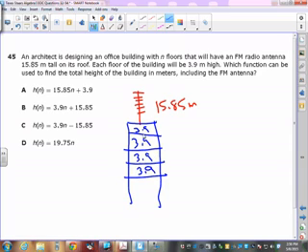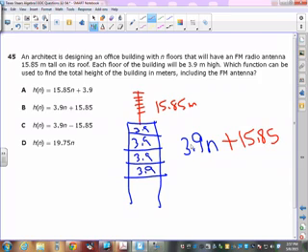Okay, and we let n be the number of floors. Well, every time you go up a floor, you're going up 3.9 more. So your rate of change is going to be 3.9. The y-intercept has to be 15.85. That's that tower on top. So the height on any floor is going to be given by this equation. So B is our answer.